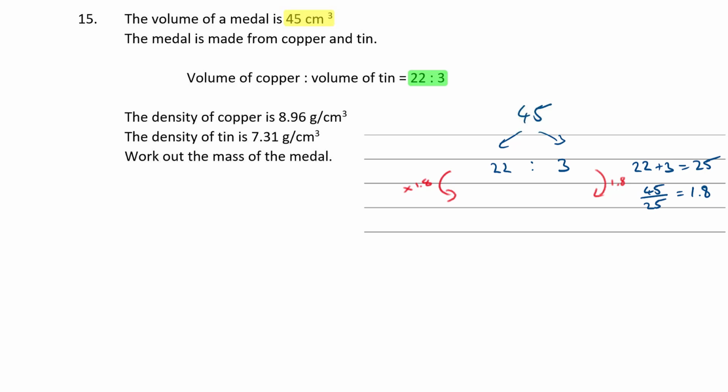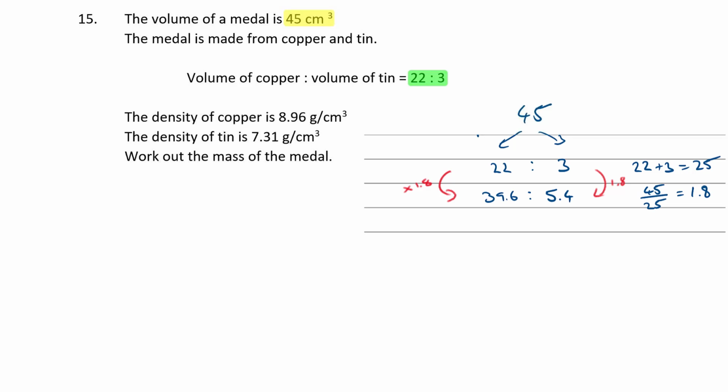So this one is going to have a volume of 39.6 cubic centimeters. So that's the volume of copper, isn't it? That's copper. And on this side, we're looking at tin. So 3 parts tin, 1.8 per part. 3 times 1.8 gives me 5.4 cubic centimeters of tin.